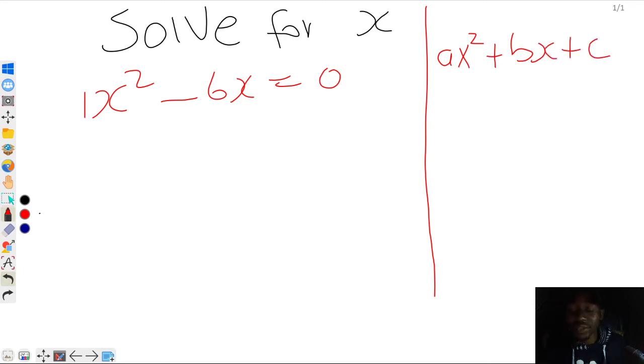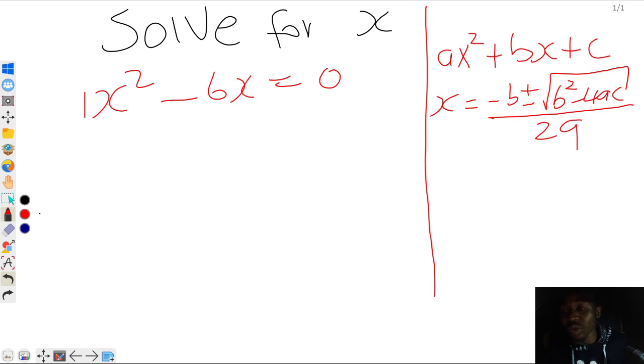This is the standard equation for a quadratic equation, and we have a quadratic formula: x is equal to minus b plus or minus the root of b squared minus 4ac, all divided by 2a. Everything there is divided by 2a.